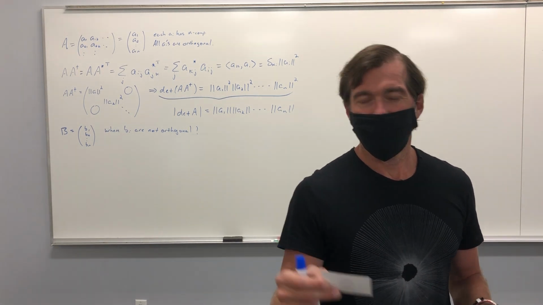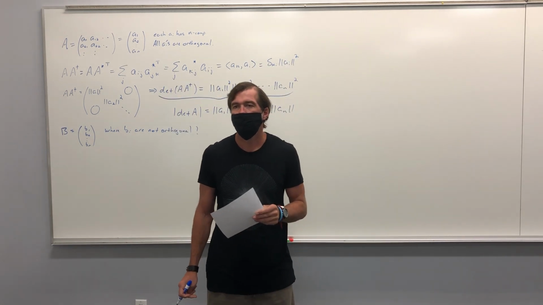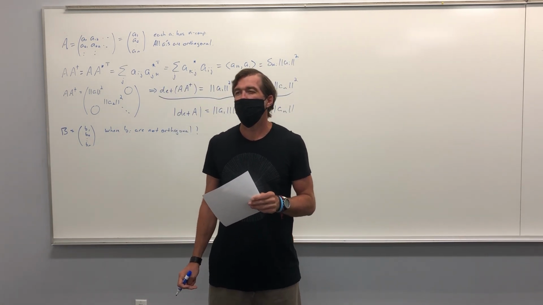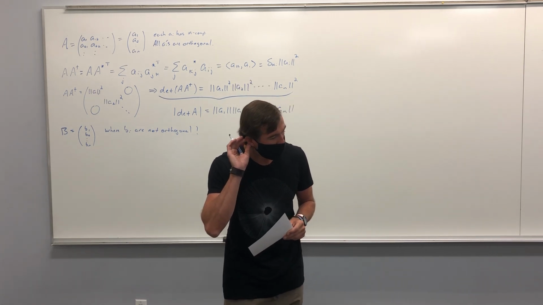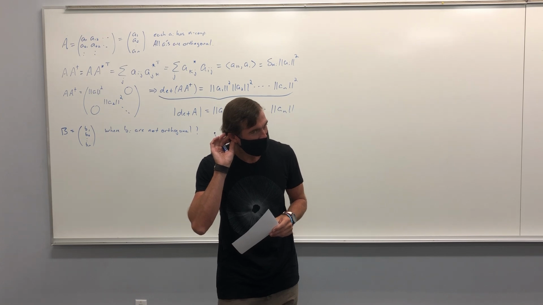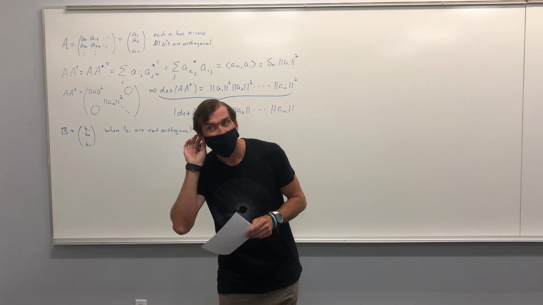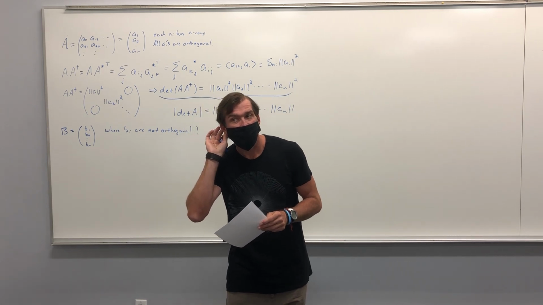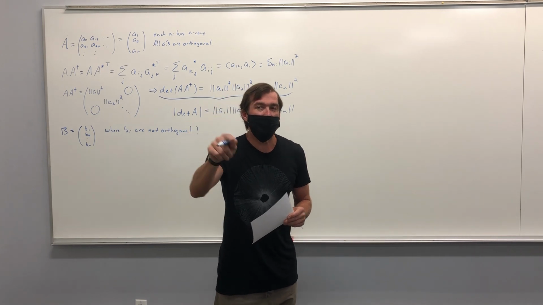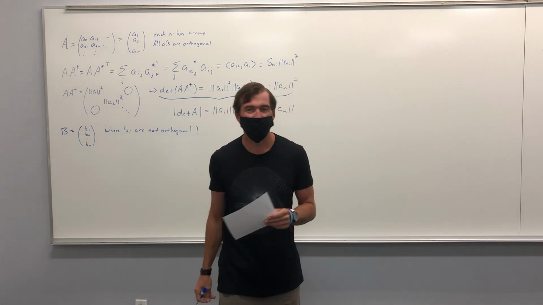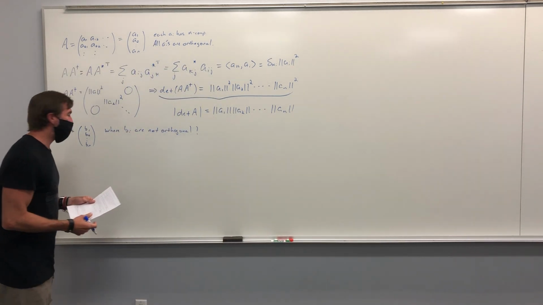Lucas, if I give you a set of vectors that are not orthogonal, what can you do to make them orthogonal? You can Gram-Schmidt it. Yes. We're going to Gram-Schmidt this thing, okay?